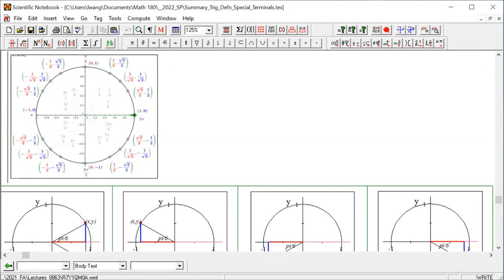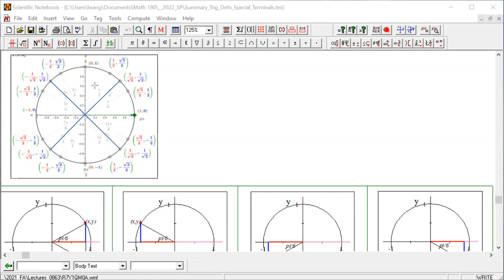Where do you see them? The 45 degrees, or pi over 4. So this is pi over 4 reference angle, right? This is a reference angle. And the angles can really be very different as long as they terminate on these special angles.